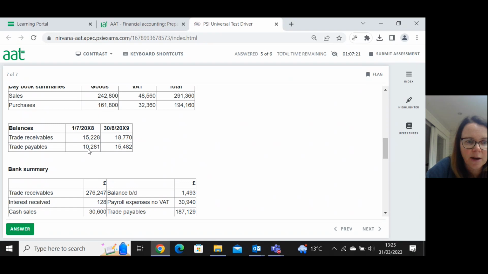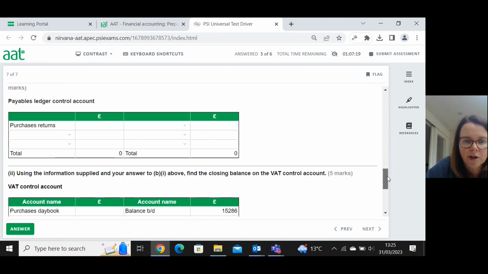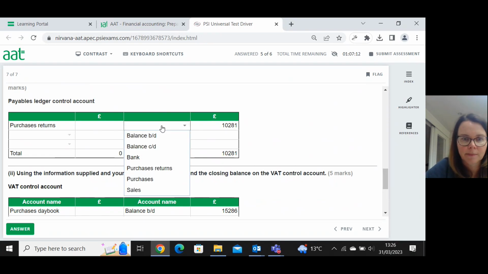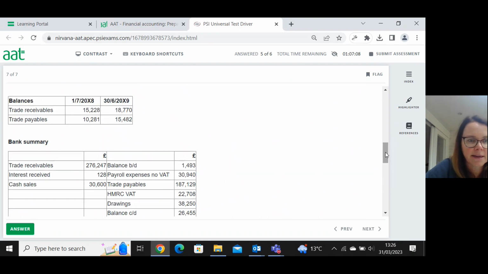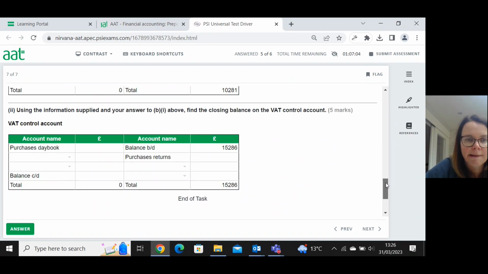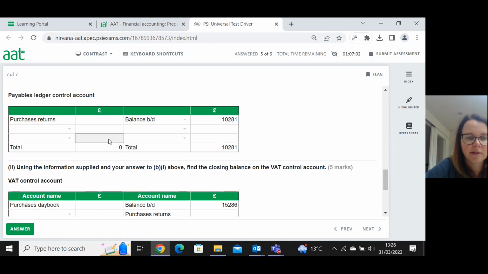Right, so I want the opening and closing balances. Balance brought down 10281 on the credit side. And I'll stick my closing balance in while I'm there, 15482. So that's the balance carried down.